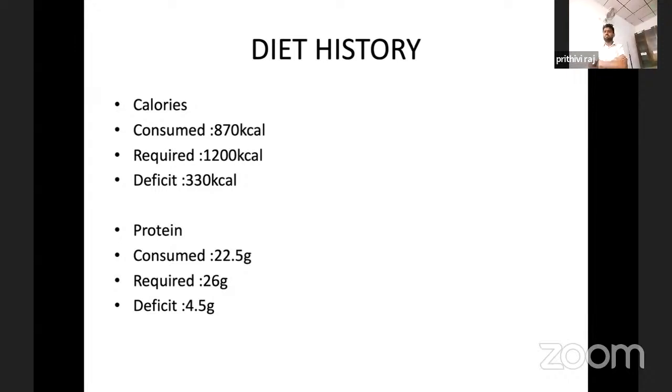It's plus or minus 5% that we can accept. But if he's taking less and that percentage comes to 8 or 10%, then we have to treat it and correct that deficit, or else the child will go for malnutrition. Right?